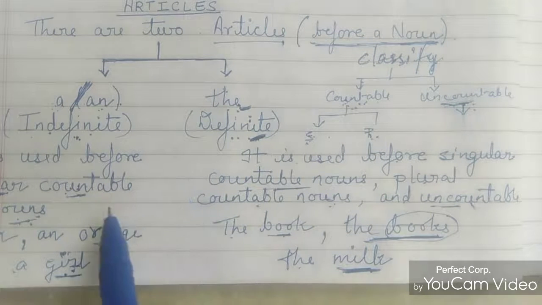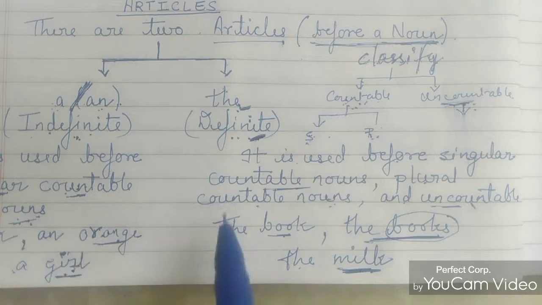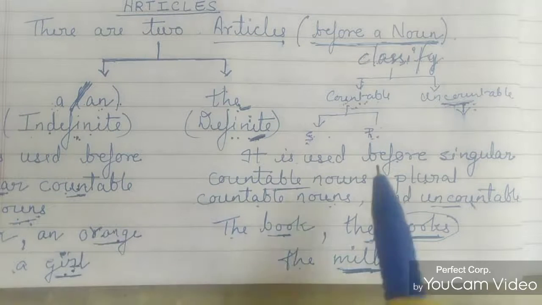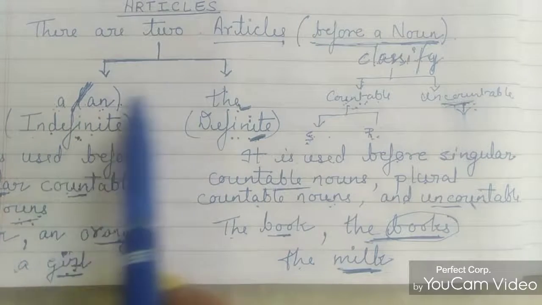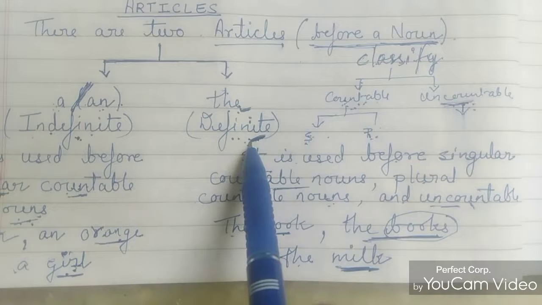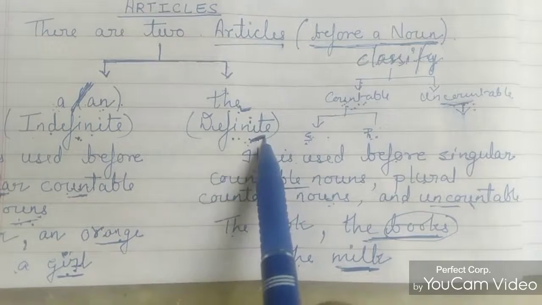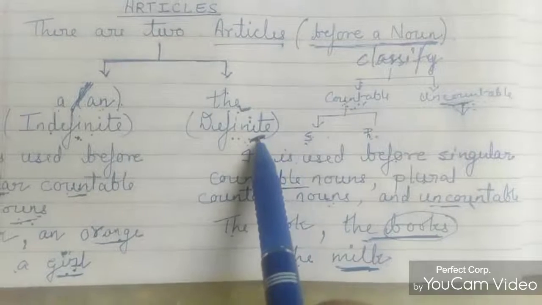So before continuing, we have to decide singular countable, plural countable, and uncountable. So what you got here: a or an is the indefinite article, the is the definite article, because it is pointing out or talking about something particular.